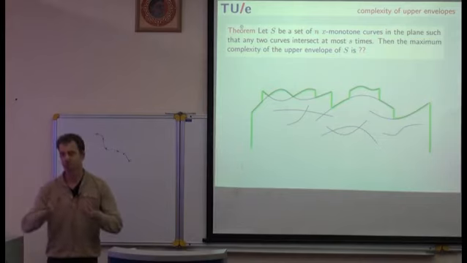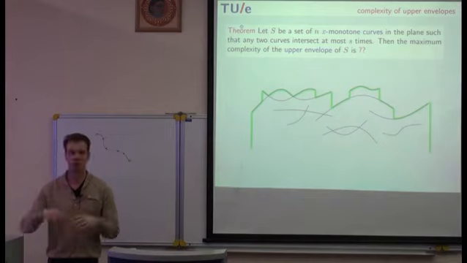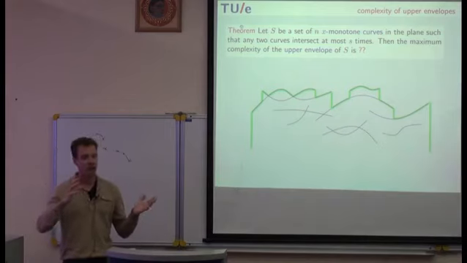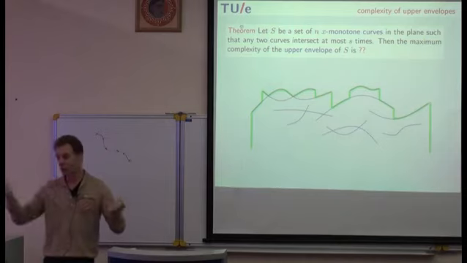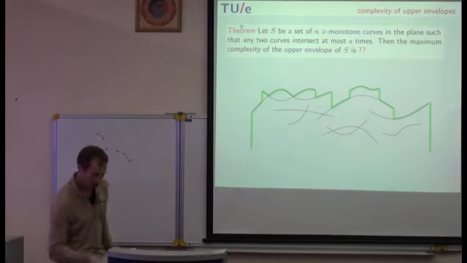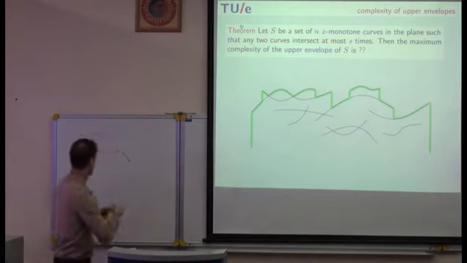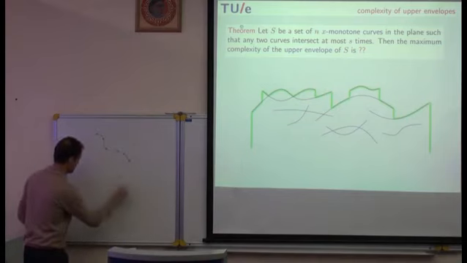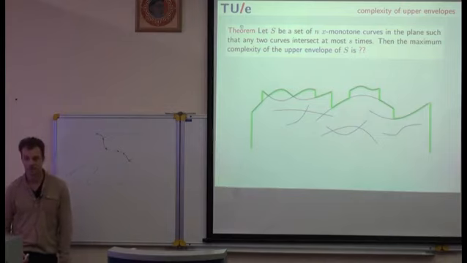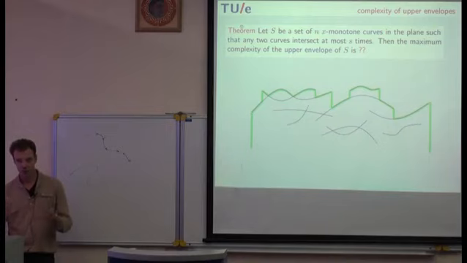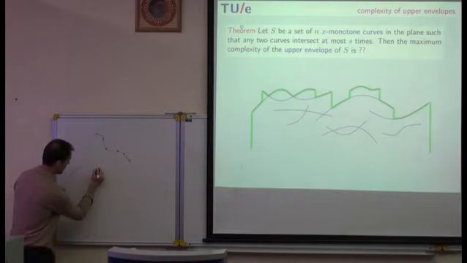By the way, suppose they're not x-monotone, what would you do? Say I give you curves that are polynomials of some small degree. If it's a polynomial of small degree, then it will have only a small number of places of vertical tangency.